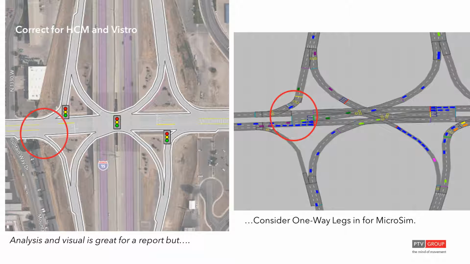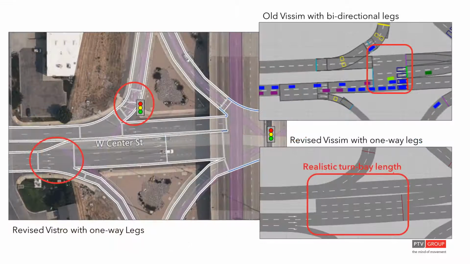So taking my lessons learned, knowing that my objective is to show simulation here, this is exactly the case where you would want to consider putting in a one-way leg on each side of the intersection. And by putting in this one-way leg, you can shrink down the right turn junctions, the diverge of the right turn on the bottom, and the merge of the right turn on the top. You can shrink these intersections down.